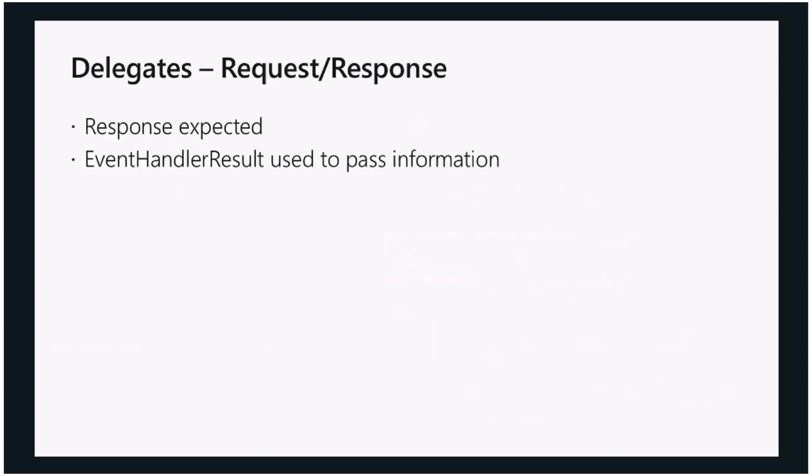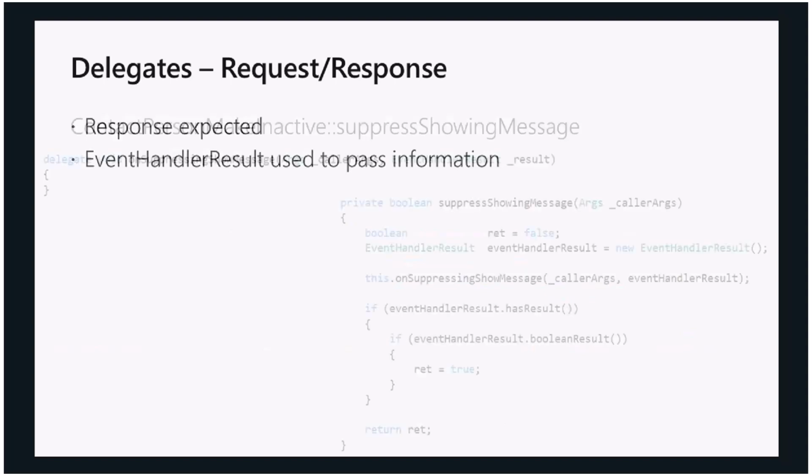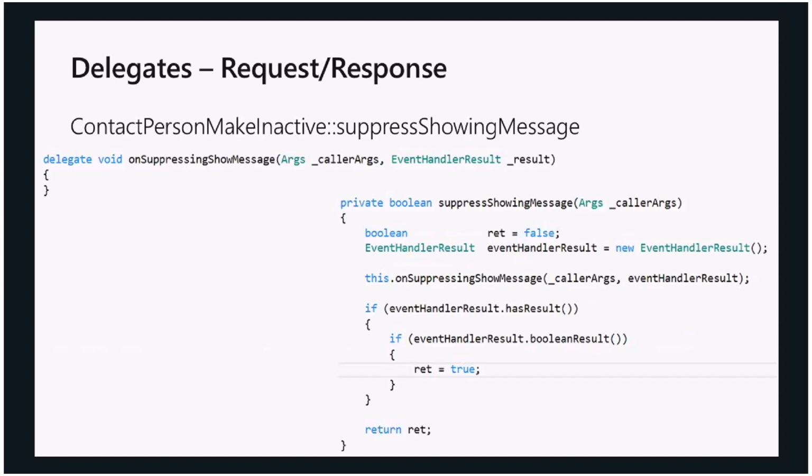The other major classification is the request response delegate type. In this, we do expect some sort of response from the partner code. It's codified through the event handler result reference parameter. Here's an example of requesting the extension code to provide some information in order for the base logic to continue.